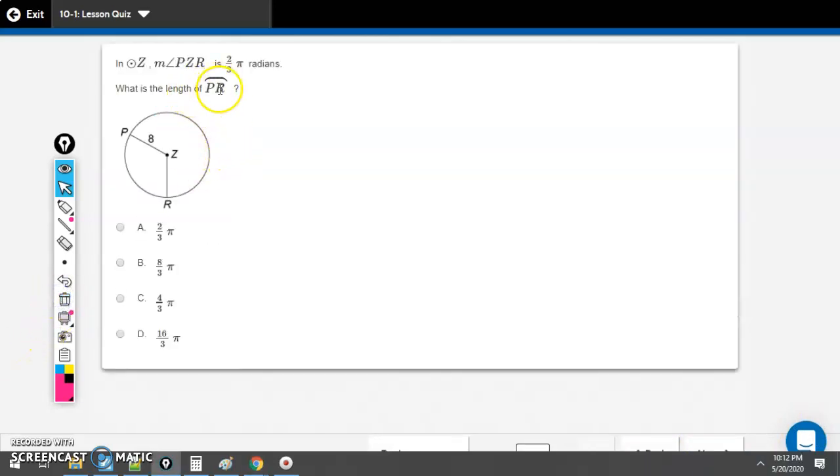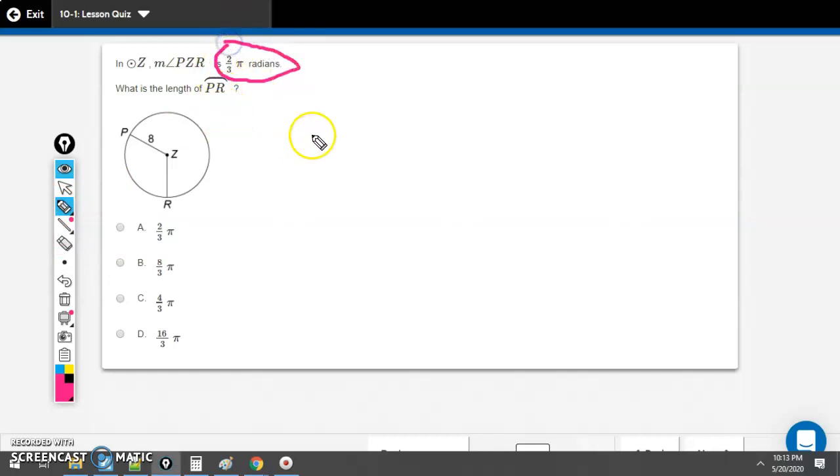What is the length of PR? Okay, so this time they only used 2 letters, which is kind of inconsistent, but that's okay. All right, so they give you the angle, 2/3 pi radians. Remember, radians is another way to name an angle. I talked about that in that one lesson. You guys hopefully watched that video.